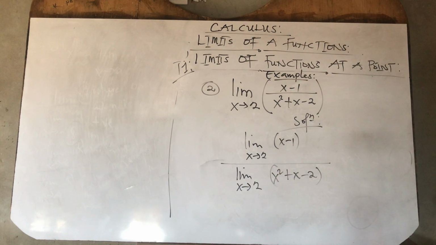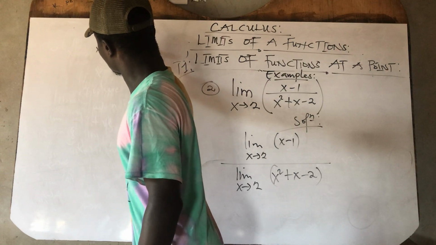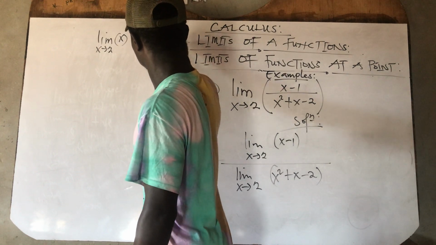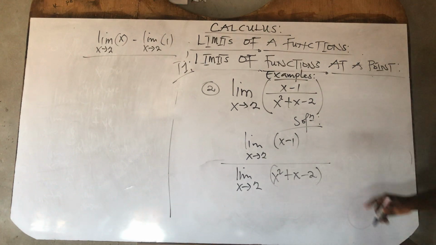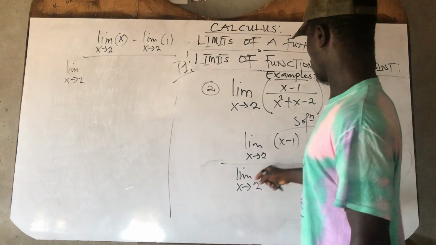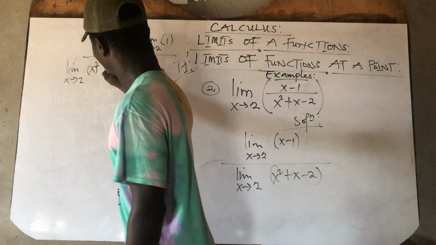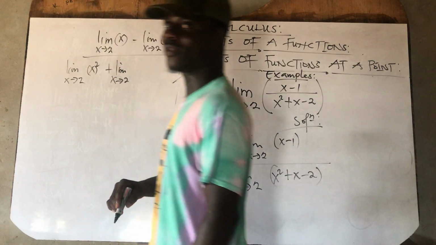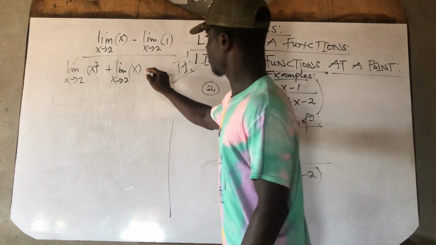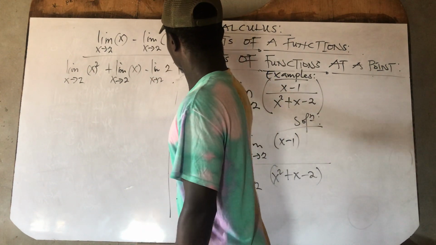Then I can say the limit as x approaches 2 of x minus the limit as x approaches 2 of 1, all over the limit as x approaches 2 of x squared plus the limit as x approaches 2 of x, then minus the limit as x approaches 2 of 2.